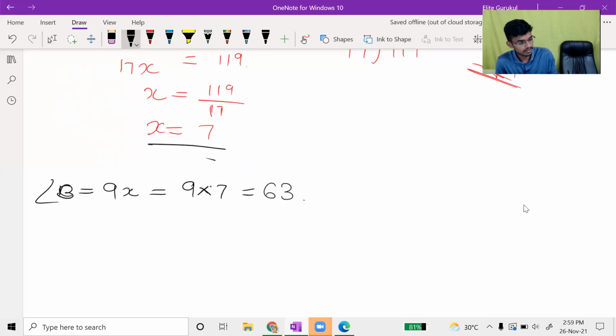And angle C is equal to 8x, which is equal to 8 into 7. 8 sevens are how much?